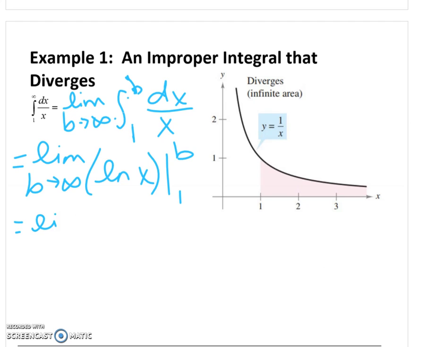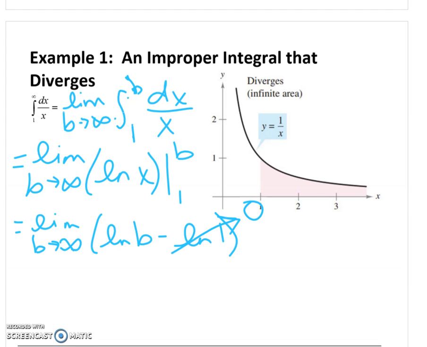Then that would be the limit as b goes to infinity of the natural log of b minus the natural log of 1. Now the natural log of 1 is 0, so this is really just the limit as b goes to infinity of the natural log of b. Substituting in what b is approaching, we then get the natural log of infinity. Well, the natural log of infinity is infinity.